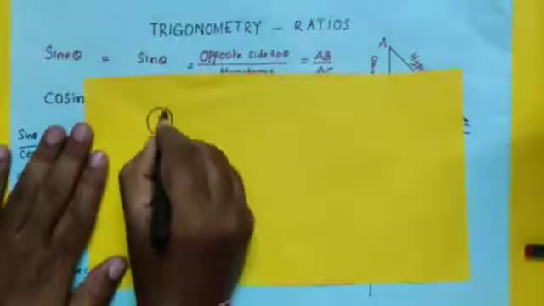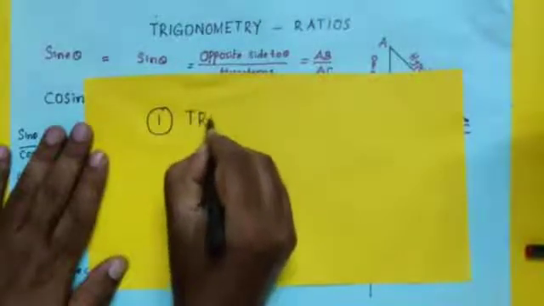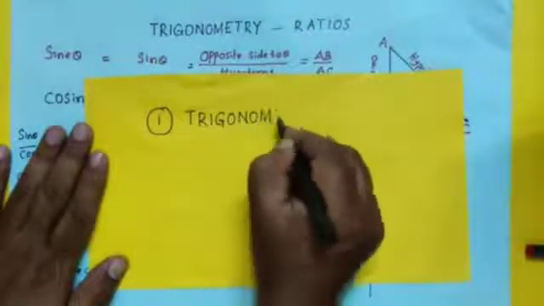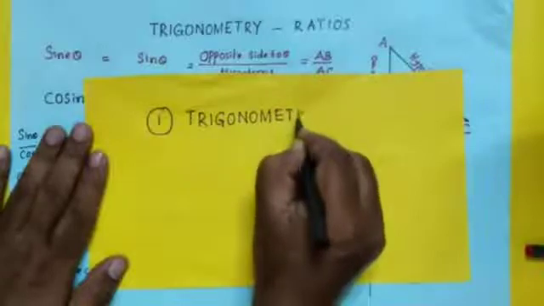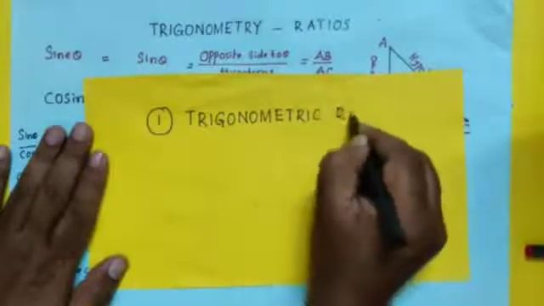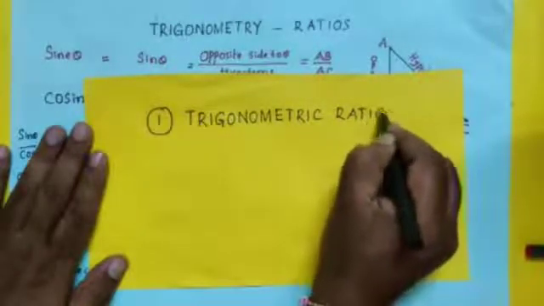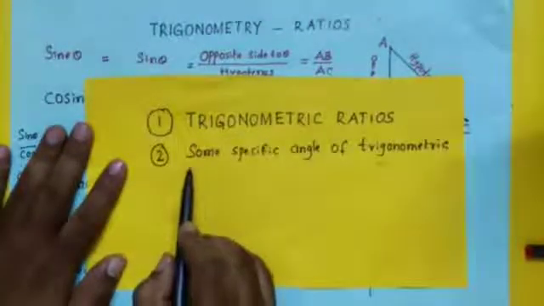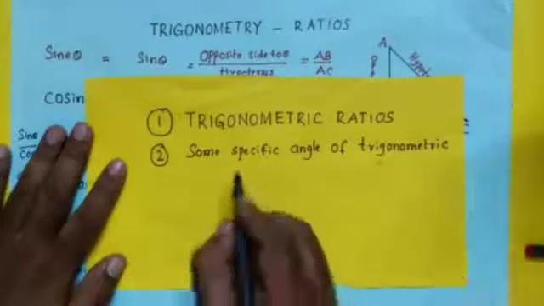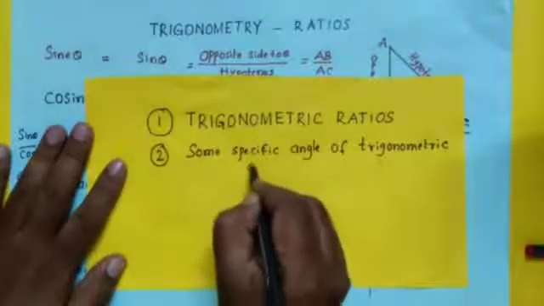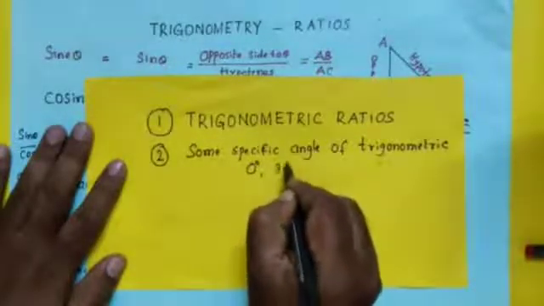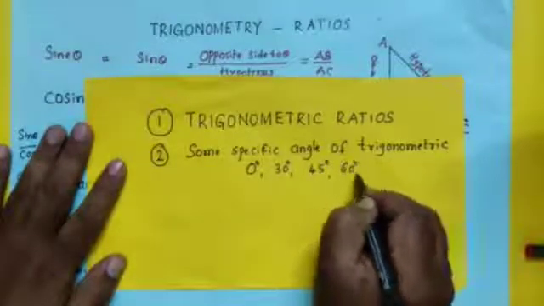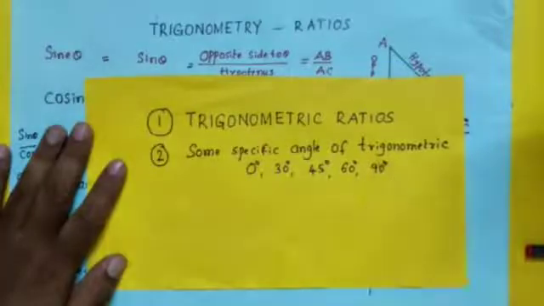The first concept is trigonometric ratios. The second concept is specific angles of trigonometric ratios, like 0 degree, 30 degree, 45 degree, 60 degree and 90 degree values.